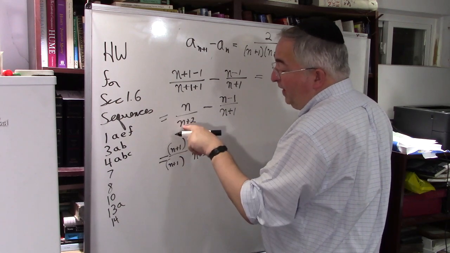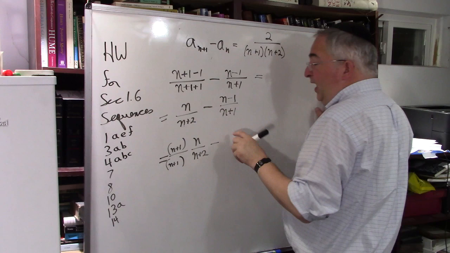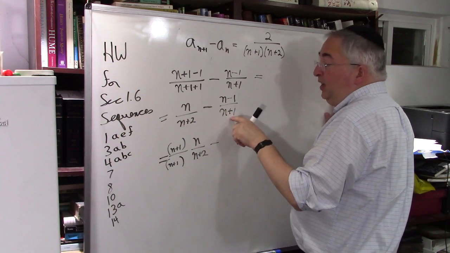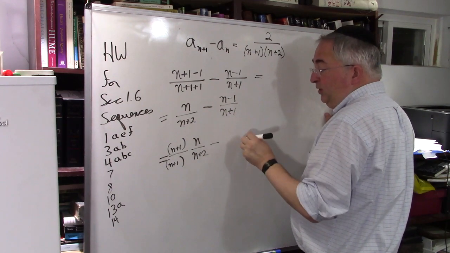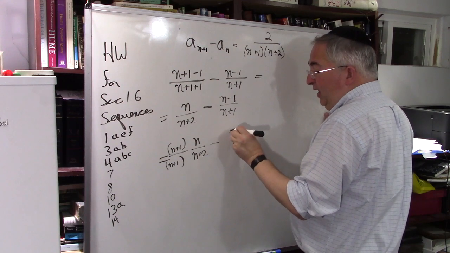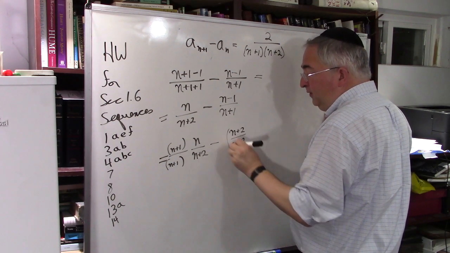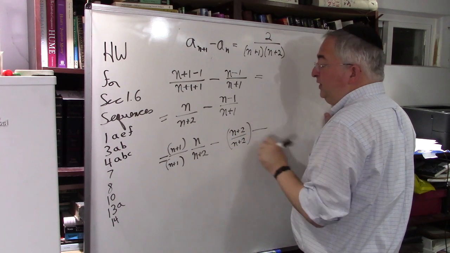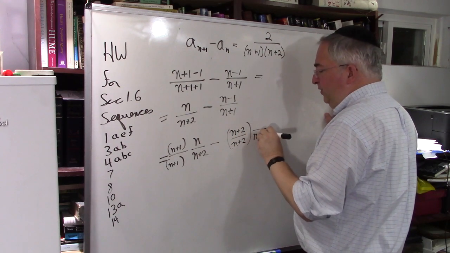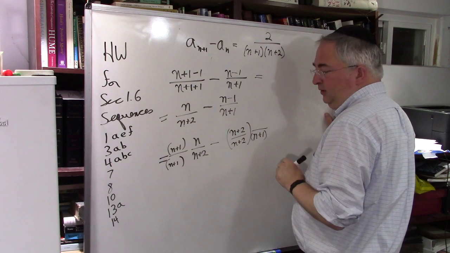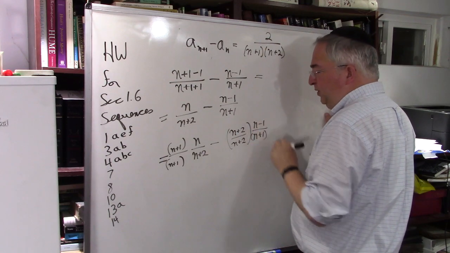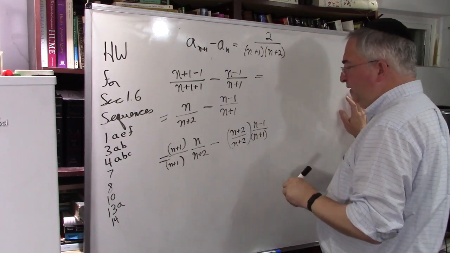You can't just do it at the bottom, you got to do it to the top. And this is missing an n plus 2. You have to do it on the top too. So this becomes n plus 2 divided by n plus 2. Okay, that's 1. N plus 1. Okay, n minus 1. Okay, great.